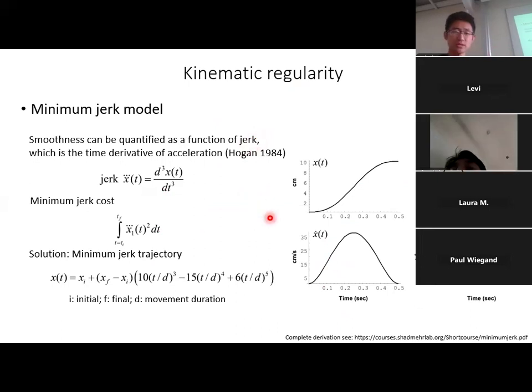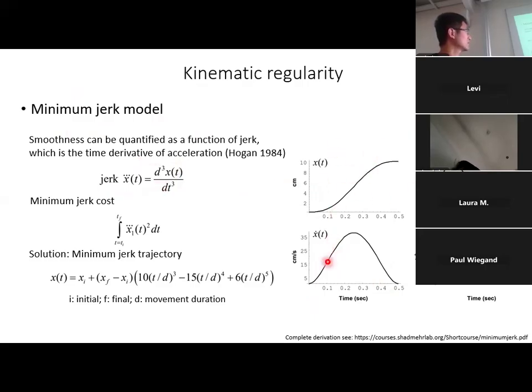Then it comes to the modeling part of this curve. As we know, we have this bell-shaped velocity profile. If we can design some computer algorithm to predict or generate this, here is the so-called minimum jerk model. Jerk is the third derivative of the position, right?